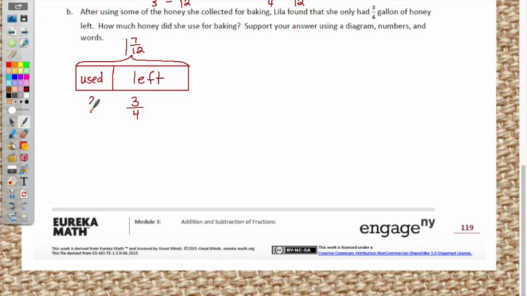So now, how do I solve a problem like this? I'm going to subtract. So 1 7/12 minus 3/4 would tell me how much she used.